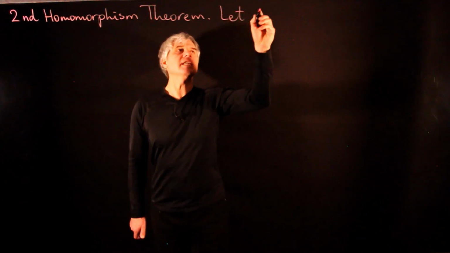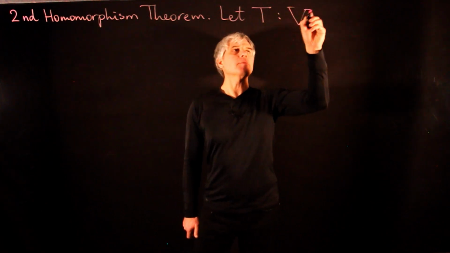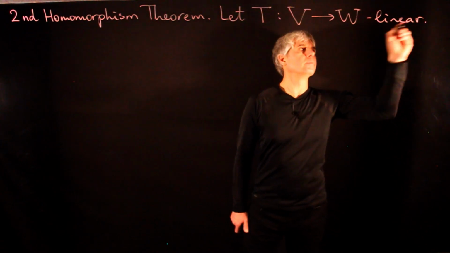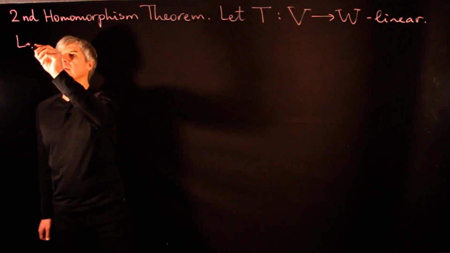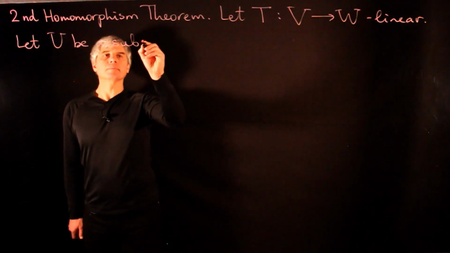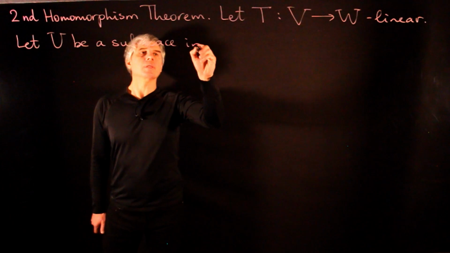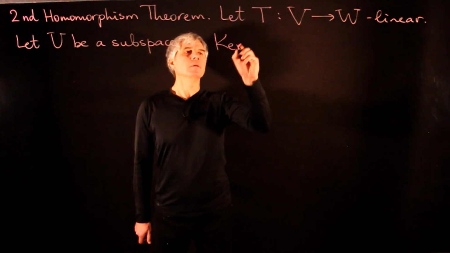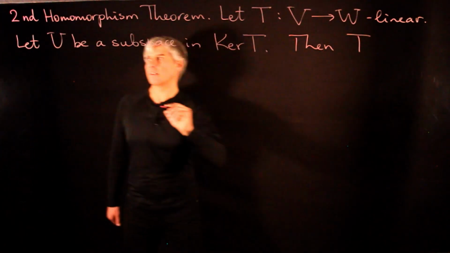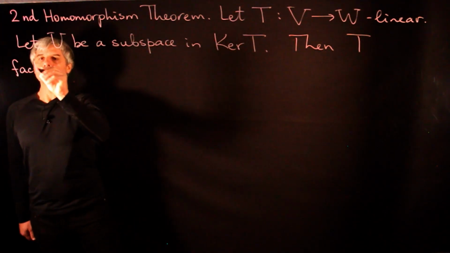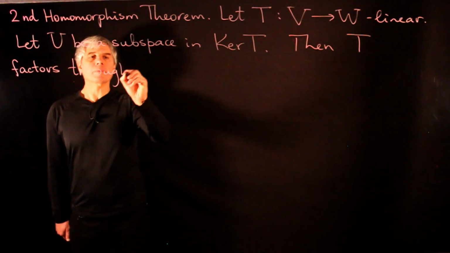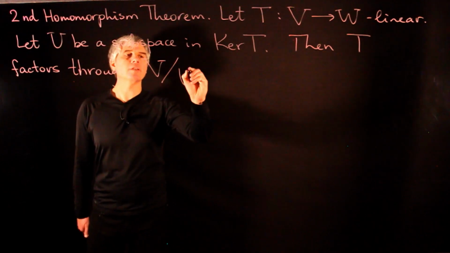Let T be a linear transformation from V to W, and let U be a subspace in the kernel of T. Then T factors through the space V quotient by U.